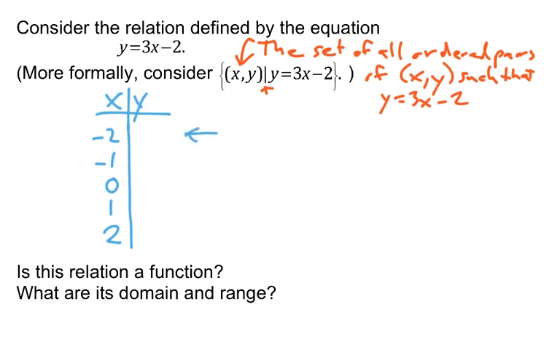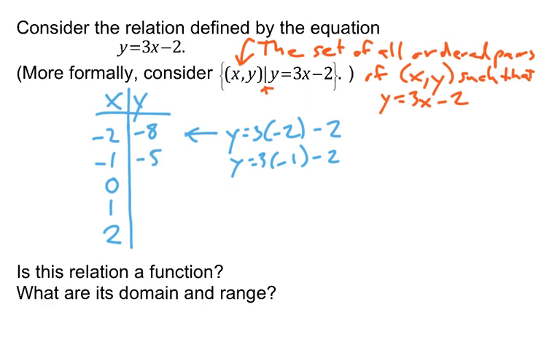For example, if x is negative 2, my y would be 3 times negative 2 minus 2. That's 3 times negative 2 is negative 6, minus 2 is negative 8. If x is negative 1, and some of these I bet in a minute we can do in our head, 3 times negative 1 is negative 3, minus 2 is negative 5.